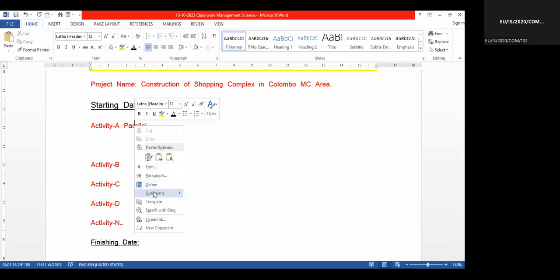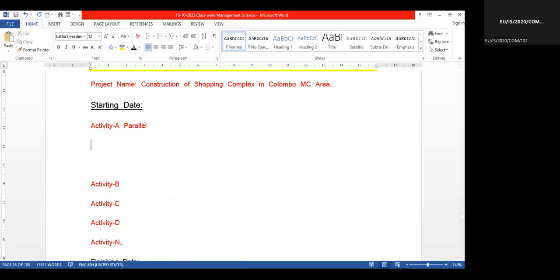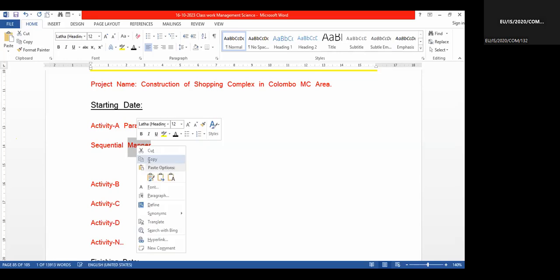Some activities we have to do in a sequential manner, one after the other. Some are in a parallel manner.